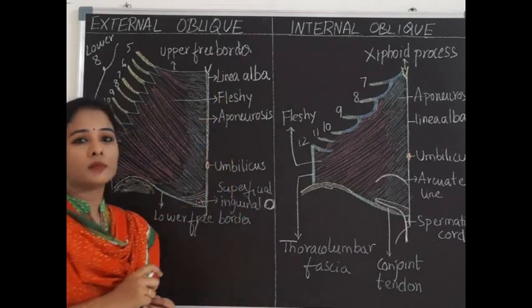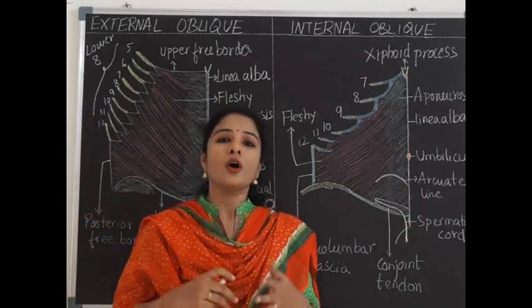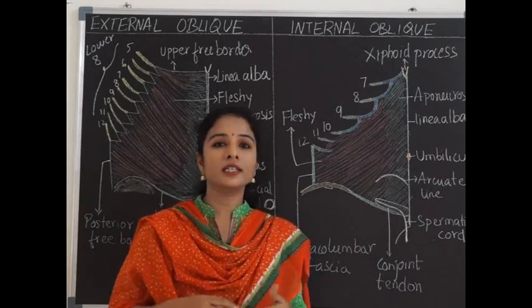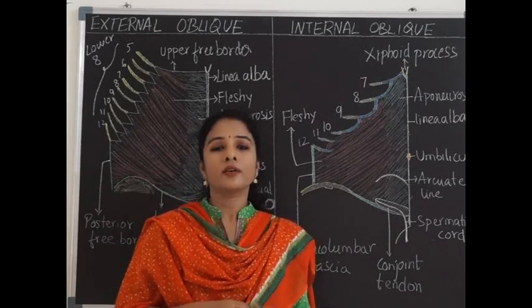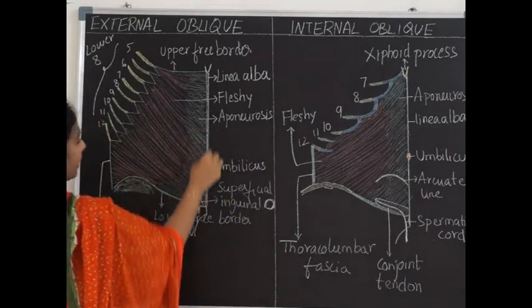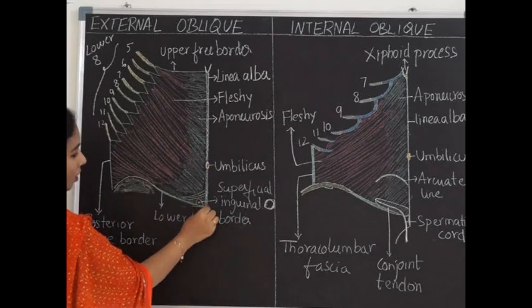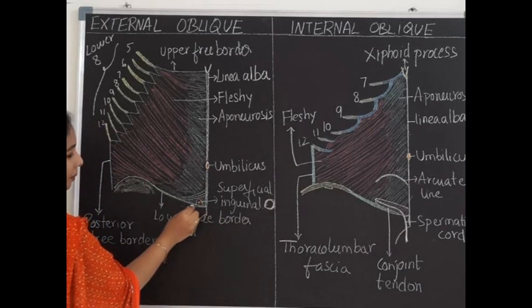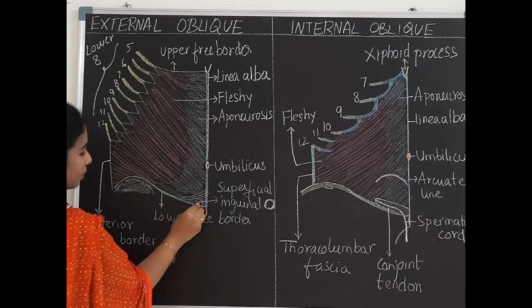The median raphe which is present in the midline is called linea alba. The linea alba is the median raphe where all the anterolateral abdominal muscles interdigitate in the midline. After getting inserted to the linea alba, further down it inserts to the pubic symphysis, pubic crest and pectineal line of pubis.